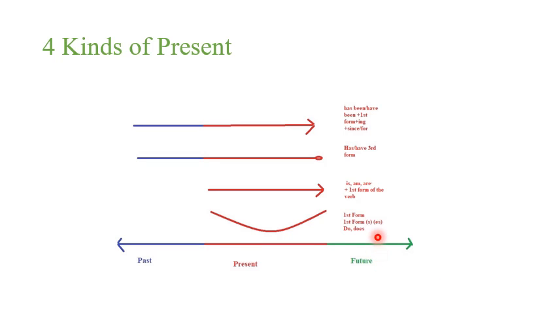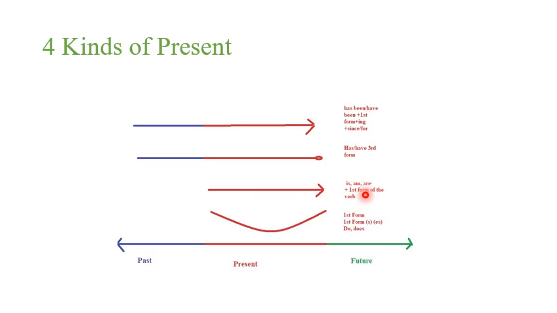We express this with the first form, and if the subject is singular, then we use s or es with the first form, and in negatives and interrogatives we use do and does. The second kind of present is when the action is continuous.